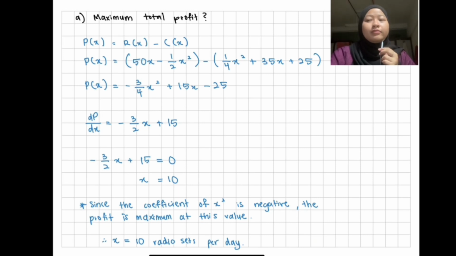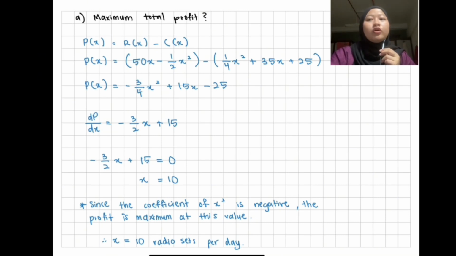After you get P(x), you need to differentiate it, so you will get negative 3/2 x plus 15. After you differentiate P, you need to set it equal to 0, and the answer will be 10.